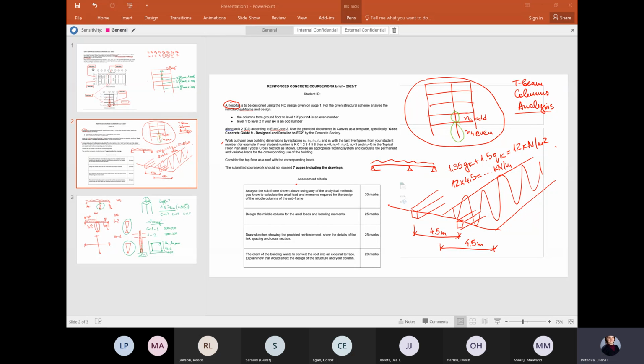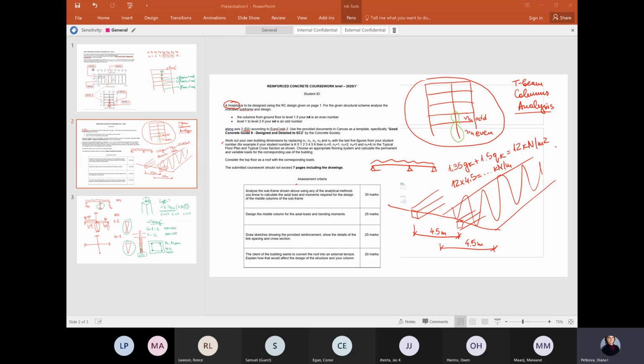So it's a continuous beam on 3 supports, and you have a very short calculation for the subframe. If you, of course, want to use slightly more complicated subframes, I'm happy with that.